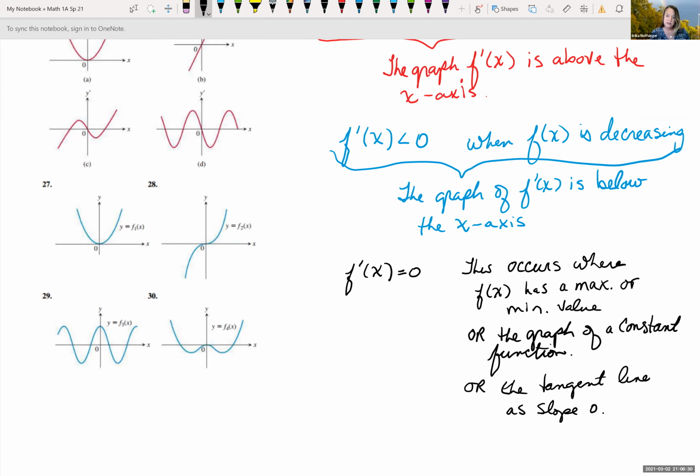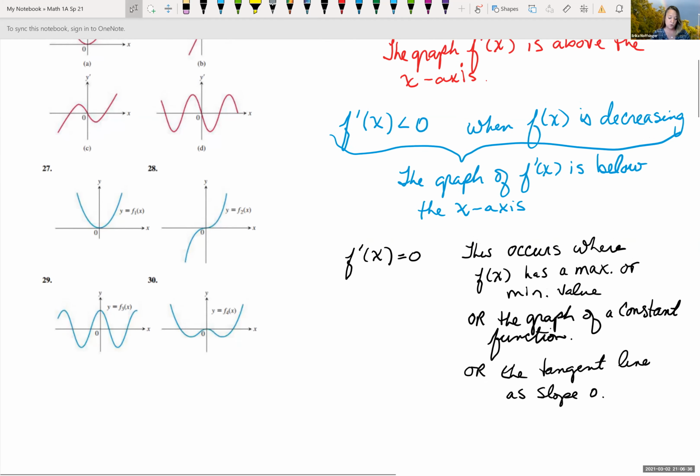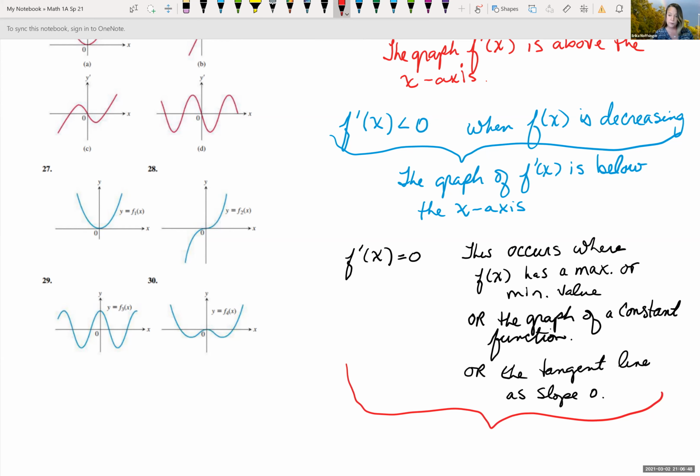Well, if our derivative function is equal to 0 at these x values, then that tells me this is where f prime of x is equal to 0. My y value is equal to 0 for the derivative function. And so that's going to tell me that this piece of the graph for my derivative function is going to cross the x-axis or be a horizontal line on the x-axis for a while.